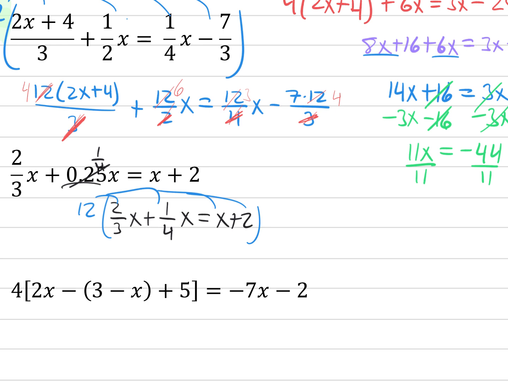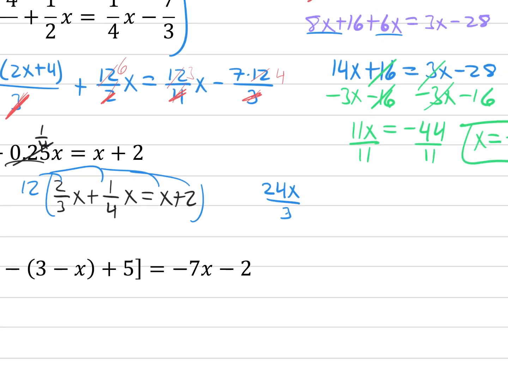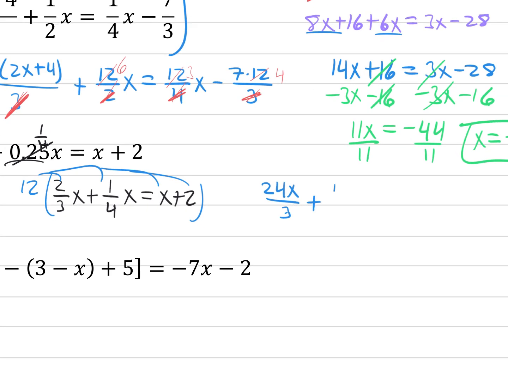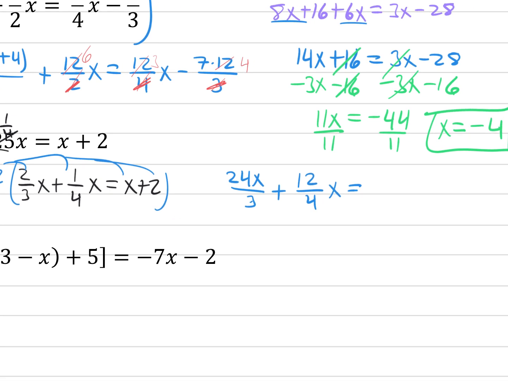Again, if you see things that cancel out right away, you can do that, but I'm just going to write it out. 12 times 2 is 24x over 3, plus 1/4 x times 12 is 12 over 4x. Then 12 times x is just 12x, and 12 times 2 is 24.